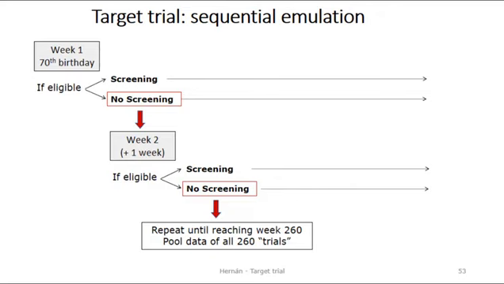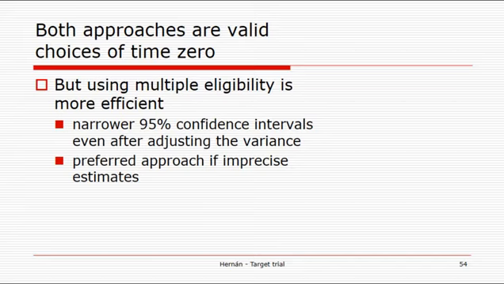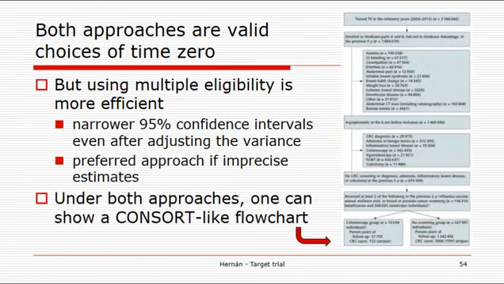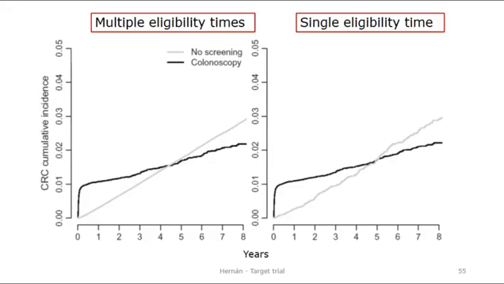This is a more efficient way of doing it. It's not necessary; we could choose just one time, but it's more efficient. And it also allows us to present the observational analysis in the same way that we would present the analysis from a true trial, using a control diagram.